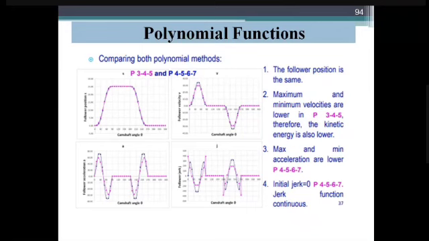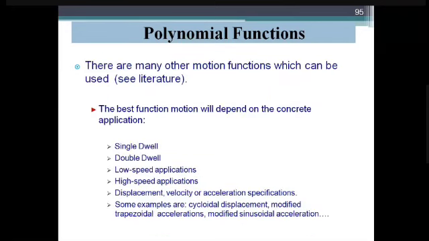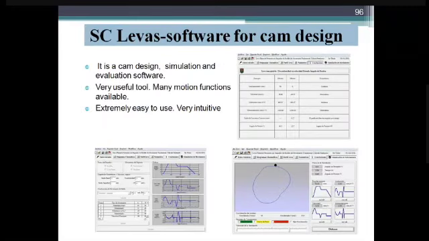So compare the polynomial functions and the important factors we discussed earlier. There are many other motion functions that can be used in the literature survey: single dwell, double dwell, low speed, high speed, displacement, velocity, accelerations. Some examples are cycloidal displacement, modified trapezoidal acceleration, modified sinusoidal acceleration. What about the software? We don't know much depth there, but for cam design, simulation and evaluation software is a very useful tool.